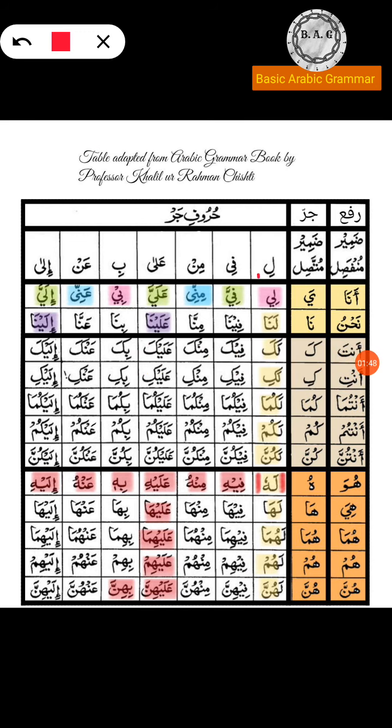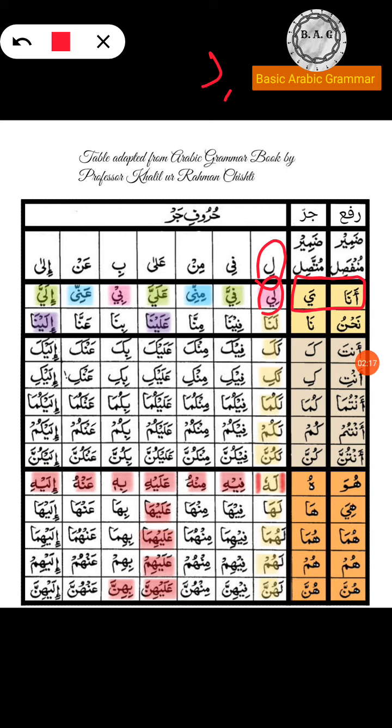Our harf-e-jar is li, but whenever this li is joined with the pronouns other than ya mutakallim, it's going to become la. Let me repeat it. This is your harf-e-jar and this form is only attached with the ya mutakallim, li.